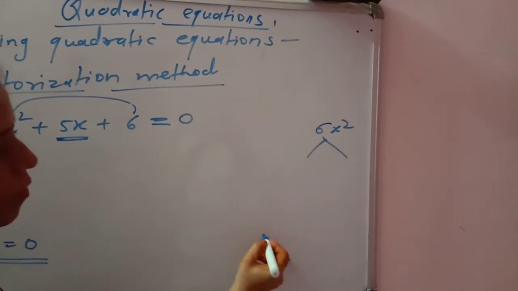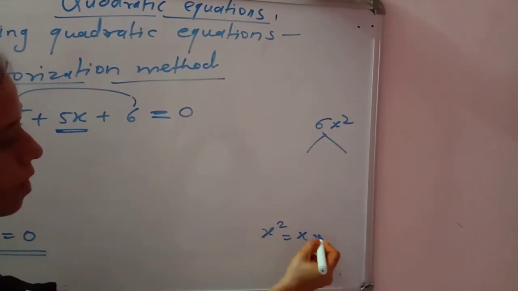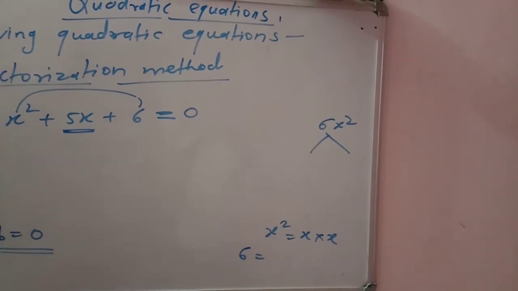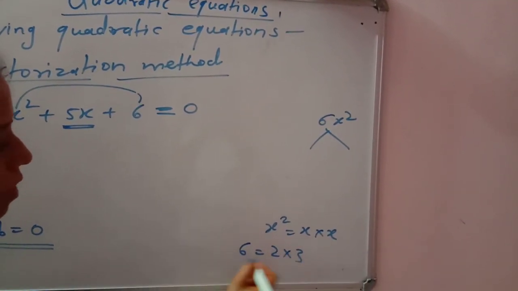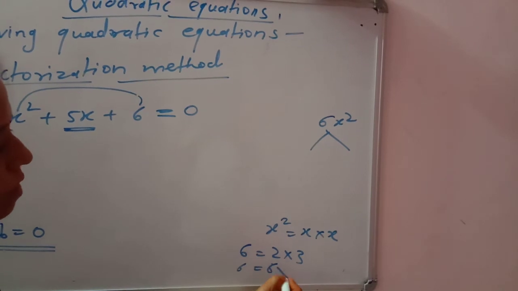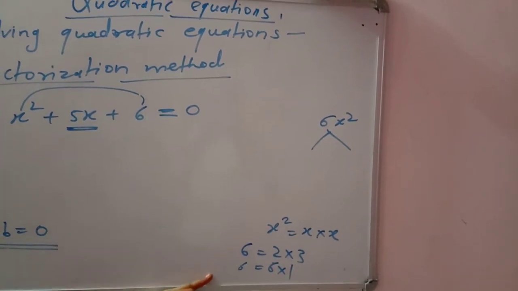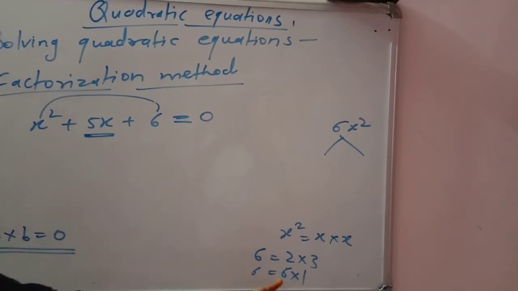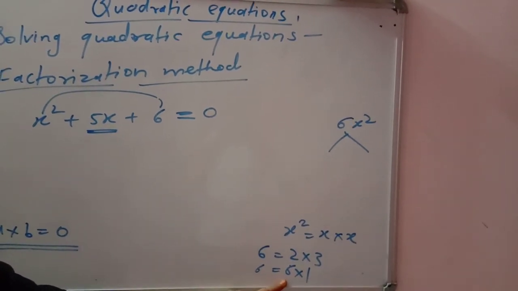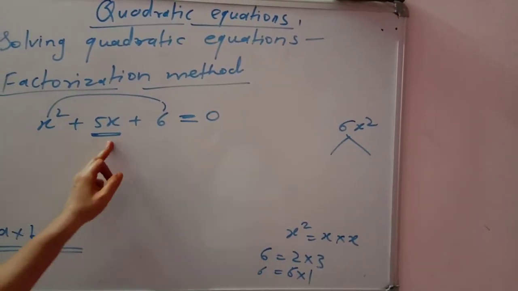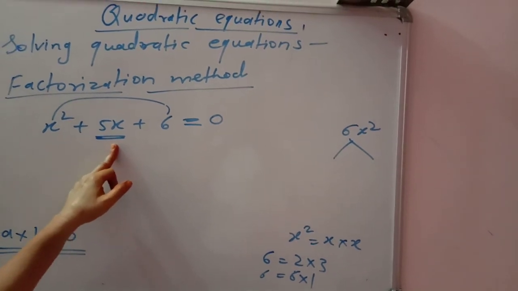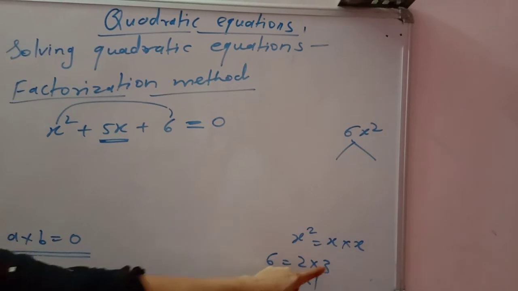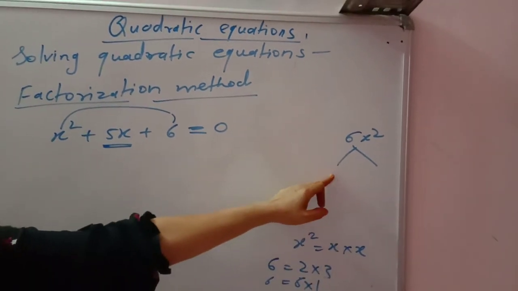Okay, now we have to write its factors. The factors of x square are only x multiplied by x, so there is no issue. What are the factors of 6? 2 multiplied by 3, or 6 multiplied by 1. But what is our condition? That the sum should be the middle term. If I take these factors, 6 and 1, their sum is not 5, their sum is 7, and therefore we have to take 2 multiplied by 3 here.